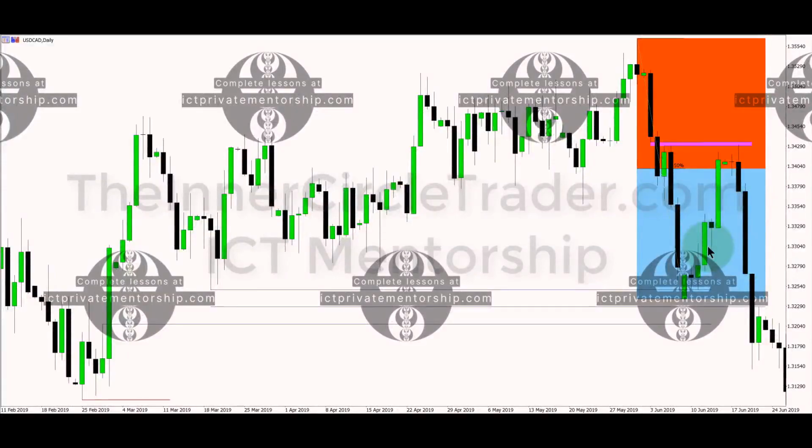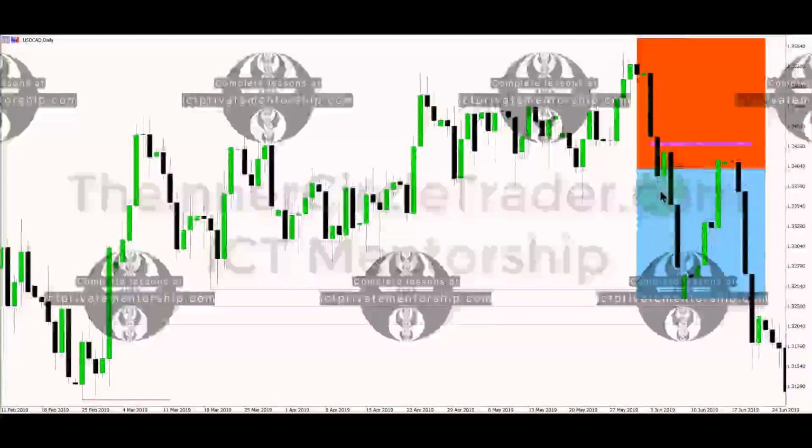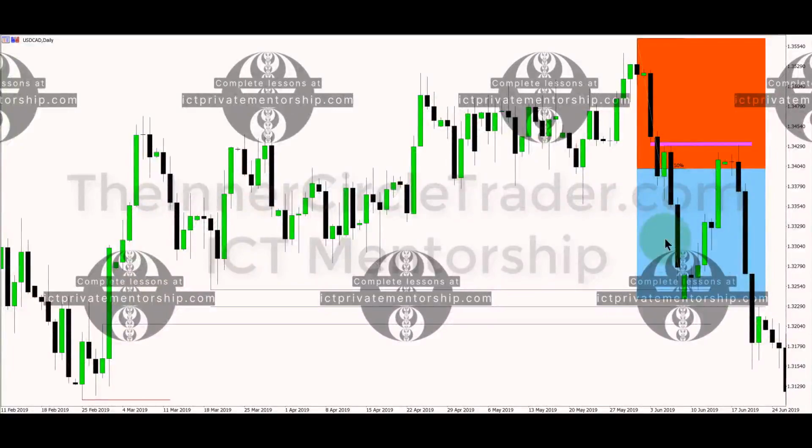Okay, so with that out of the way, I want to talk about how price in this area here, while we're below the 50 level, on a lower time frame like a 4-hour or an hourly, we're going to dismiss the 4 hours simply for the sake of time, but we're going to drop down to an hourly chart. I'm going to show you how using the PD array matrix and the discount arrays.